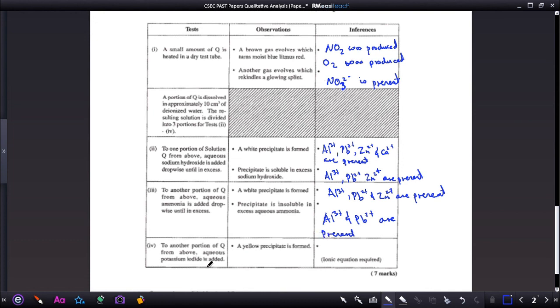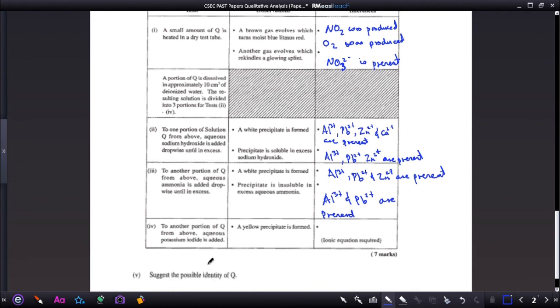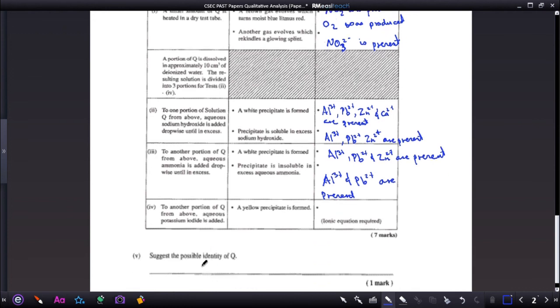Now part 4, to another portion of Q from above, aqueous potassium iodide is added, and then we observe a yellow PPT form. And once we see a yellow PPT form, we know that when the lead ion reacts with the iodide ion, a yellow PPT is formed.